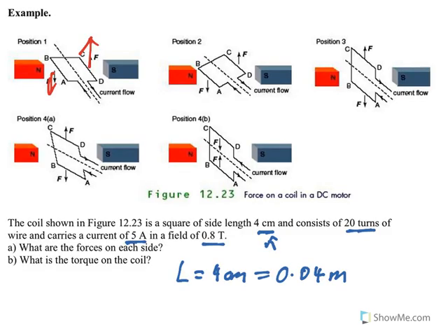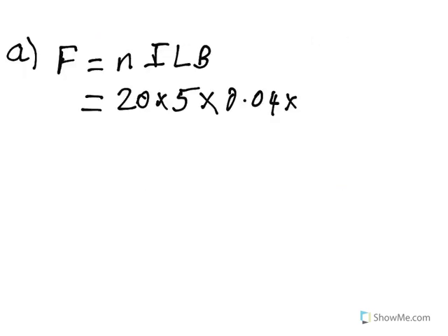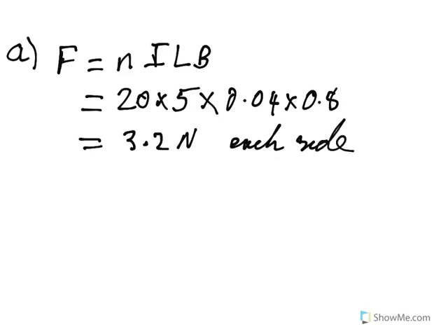And the magnetic field, 0.8 Tesla. So we multiply all of that together and we get 3.2 Newton each side. Alright, so that's what it's asking for, each side.